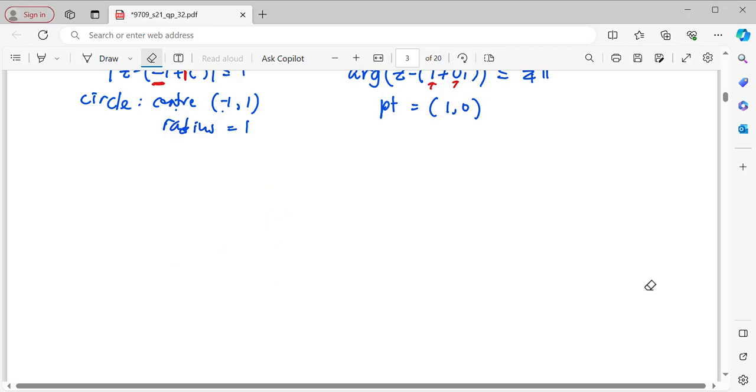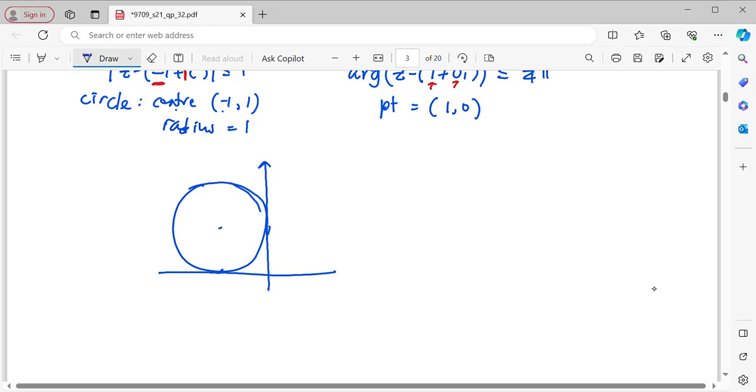The easiest way is I draw the circle and then I adjust my axis. So this is minus 1, 1. Here is going to be 1, 0, 1. Roughly this.